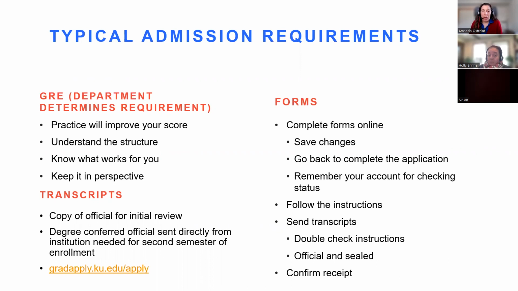So Holly was talking about transcript requirements, which are incredibly important. The transcript, at least at the University of Kansas, we are looking institutionally for at least a bachelor's degree. And our graduate admissions office works closely with our programs to make sure that we have that information for all of our applicants.